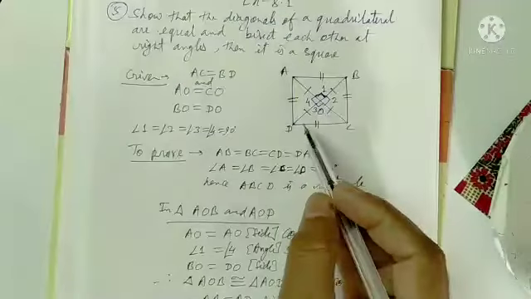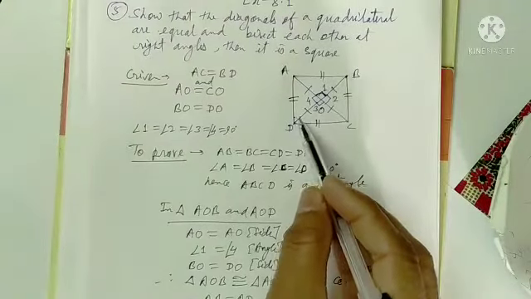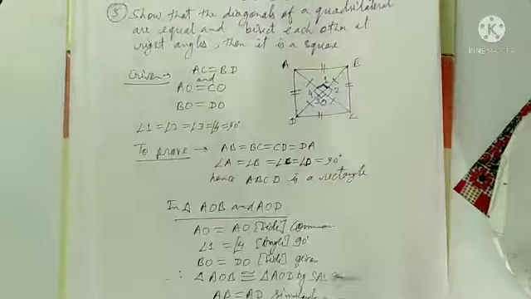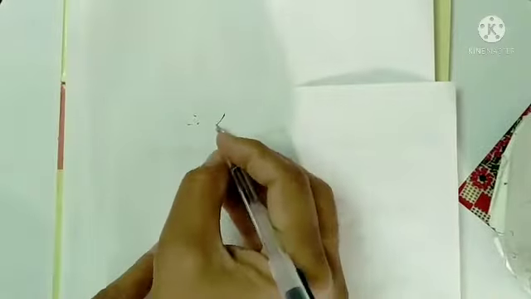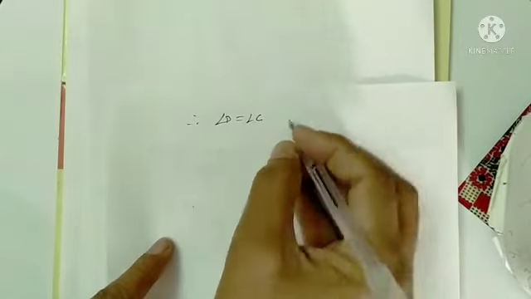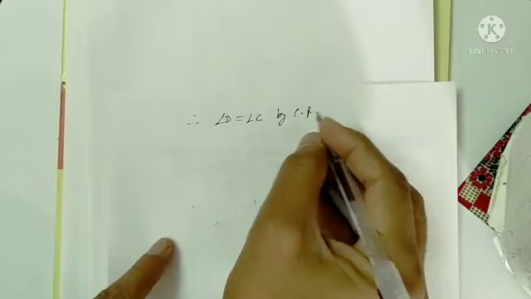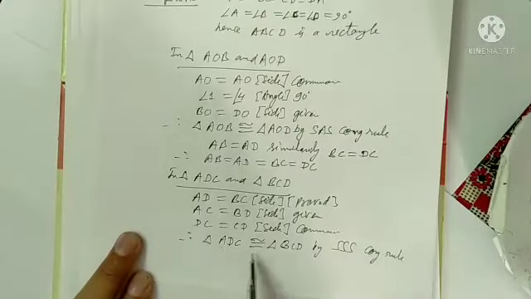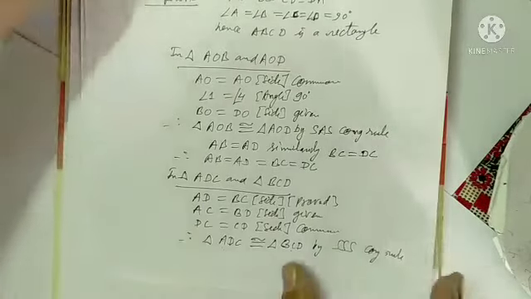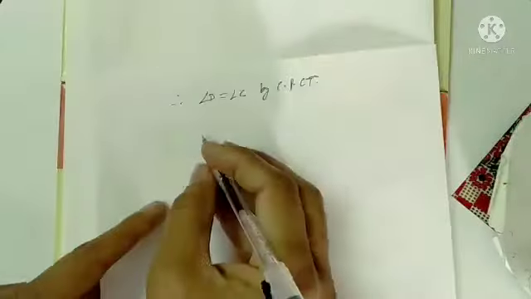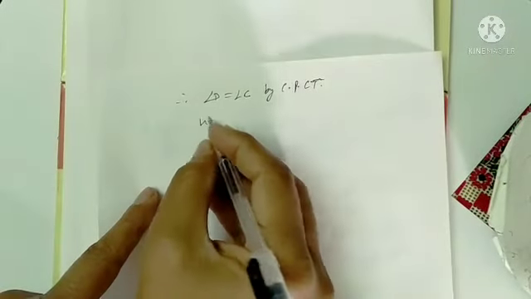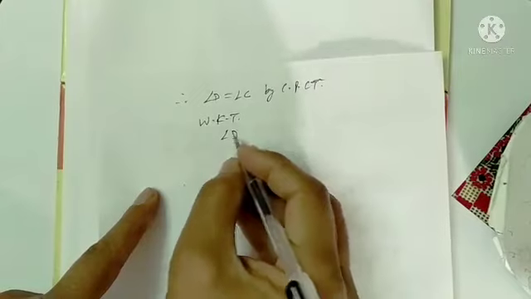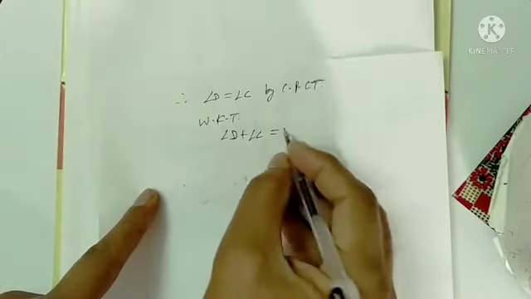If both triangles are congruent by the SSS rule, therefore angle D is equal to angle C by CPCT. Now we know that angle D plus angle C is equal to 180 degrees.